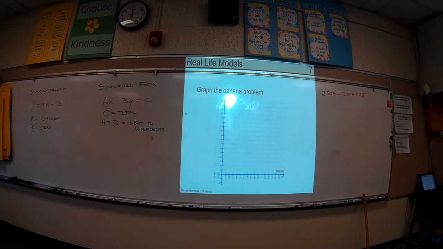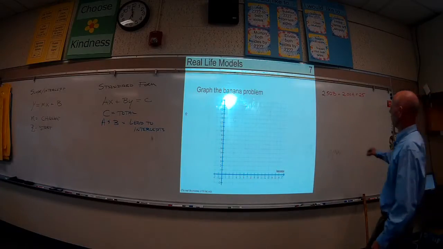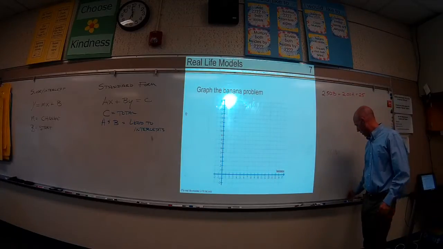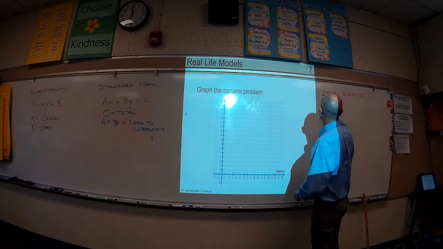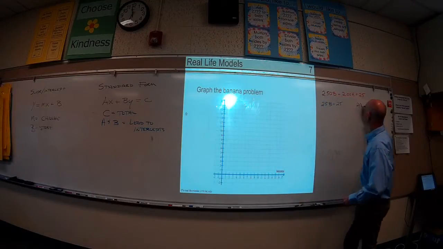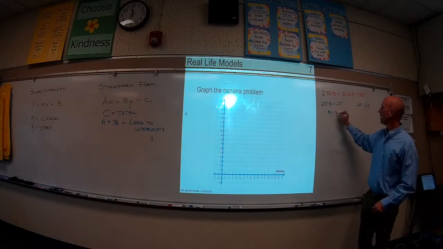Do you have a graph? Are you guys waiting for me to graph it for you? No, I was confused. That looks good. 2.5b equals 25. 2a equals 25. B equals 10.